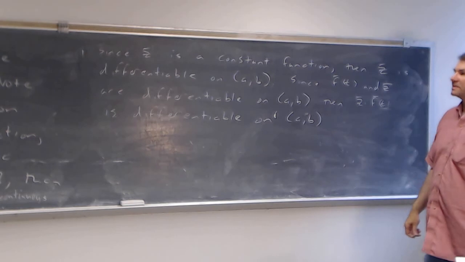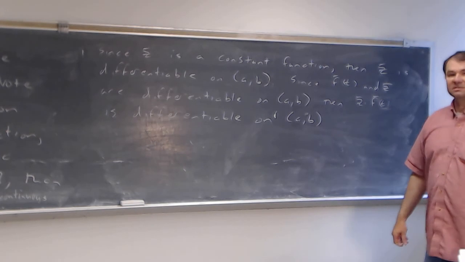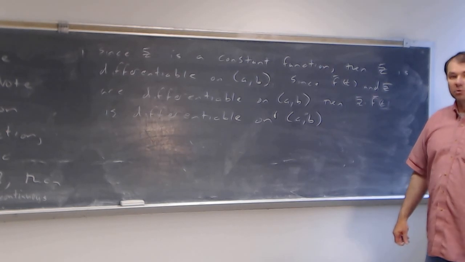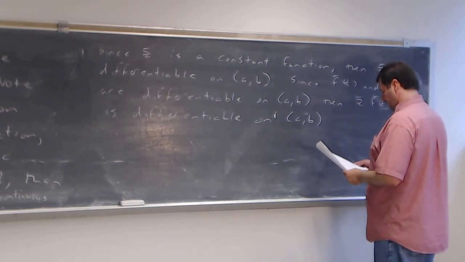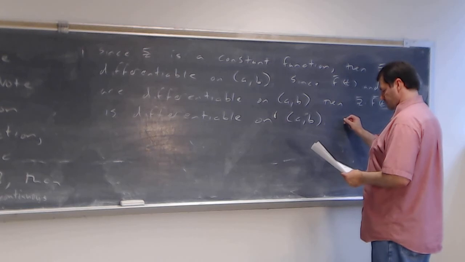So when we're talking about this phi of t, what we're finding is that it's continuous on the closed interval and it's differentiable on the open interval, and it's a real valued function. So we can apply the mean value theorem here. Let me write that down.